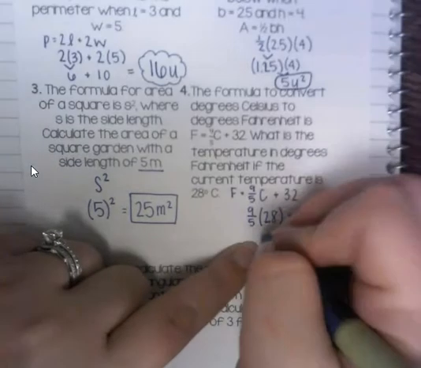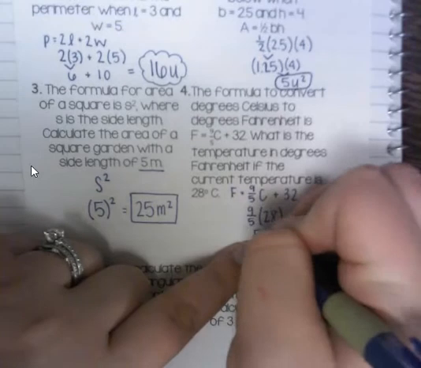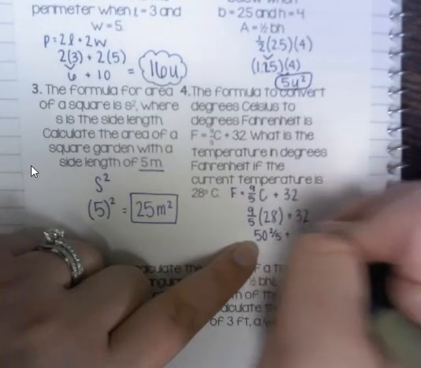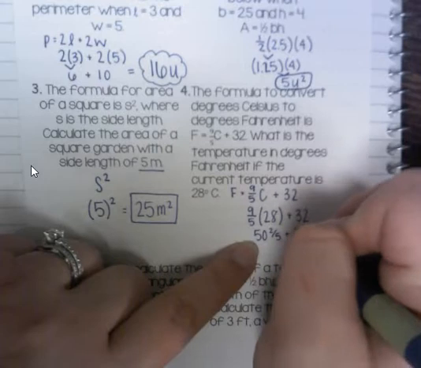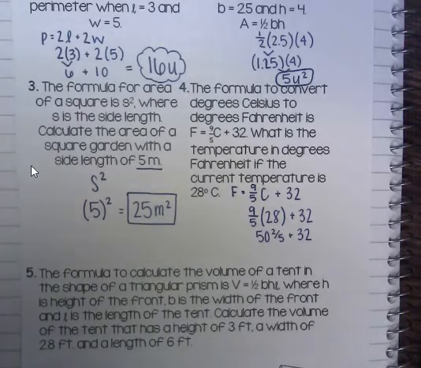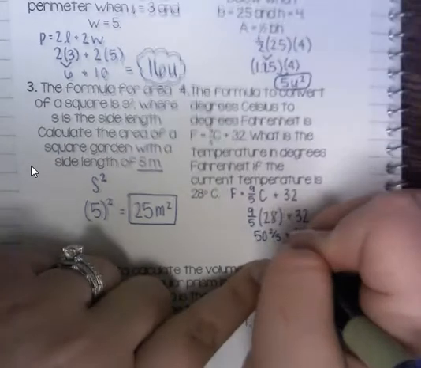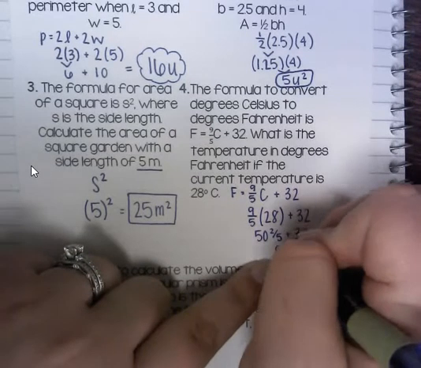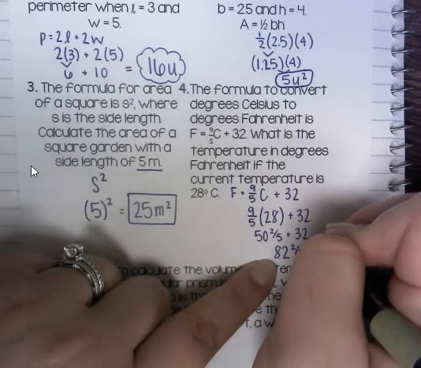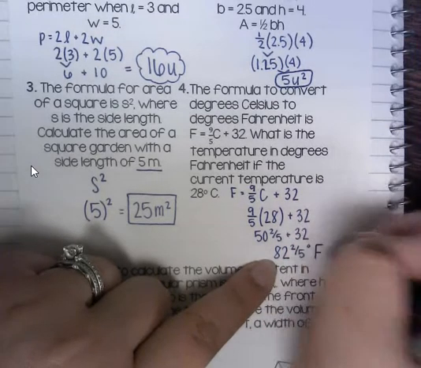That gives me 50 and 2/5 plus 32. So that gives me 82 and 2/5 degrees Fahrenheit.